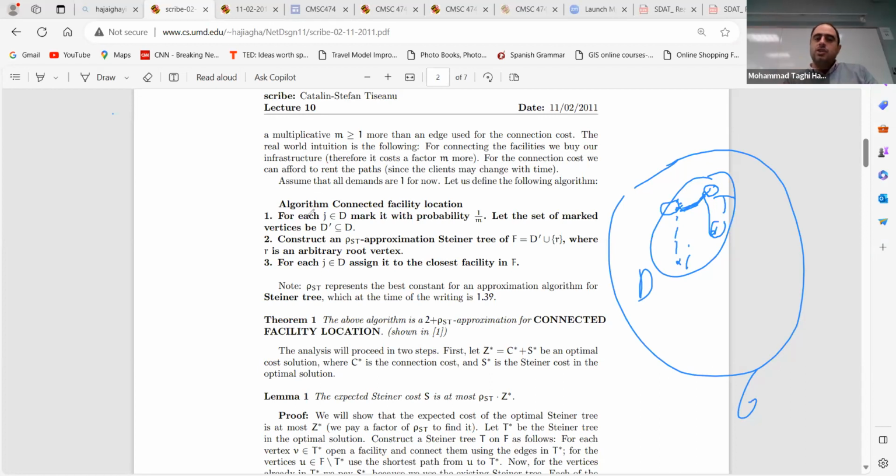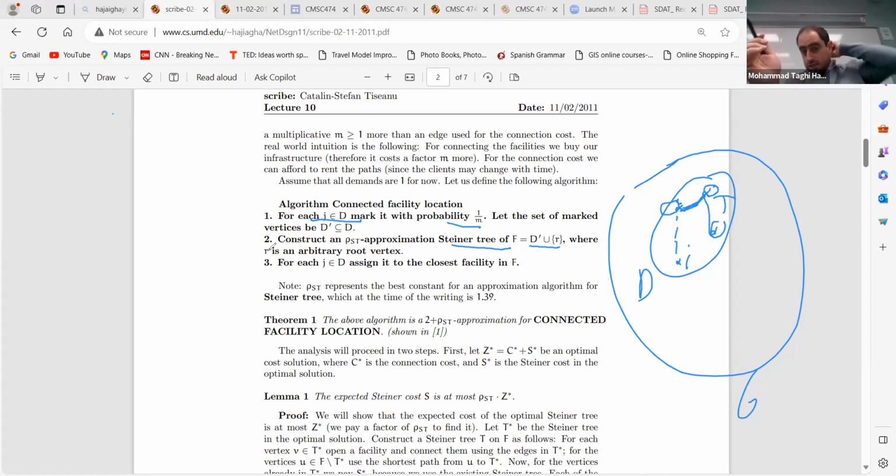So what is the algorithm? For each j in the demand set, mark it with probability 1 over M. Let D prime be the set of these marked guys. You construct a minimum Steiner tree on the set D prime plus r, where r is an arbitrary root vertex. I mean, you can consider one of these guys also as a root vertex.